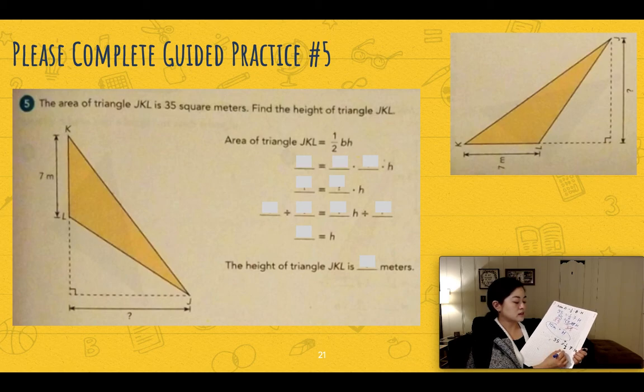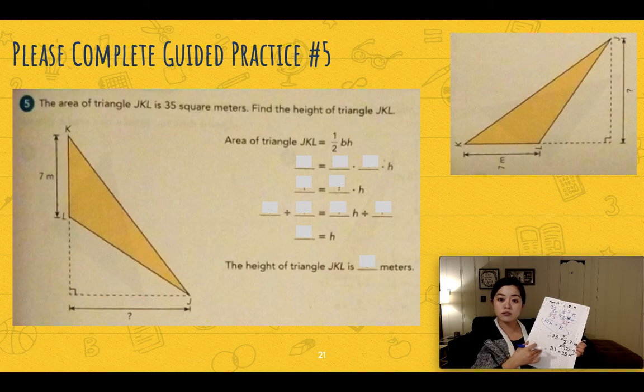Well, let's see. 1/2 of 7 is 3.5. I'm going to multiply it by 10, and if I multiply by 10, I'm just moving the decimal point over one place to the right. So then that does equal 35. So 35 does equal 35. Sweet. So this is how I can double check to see if I got the height correct.